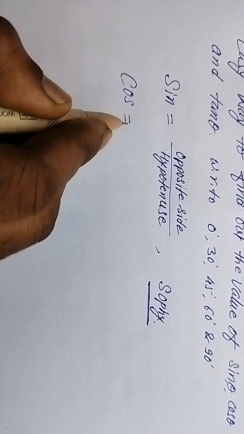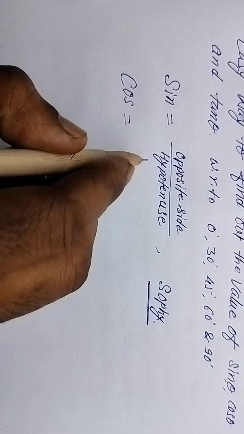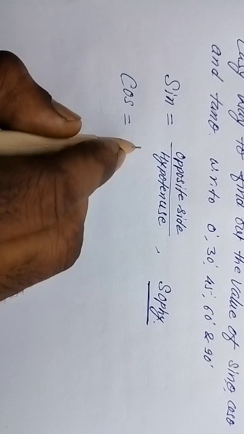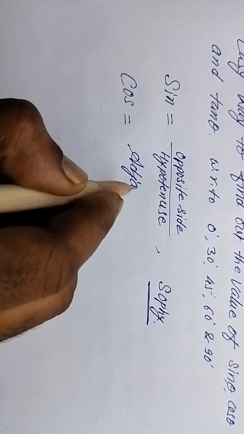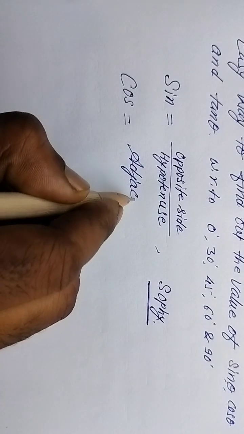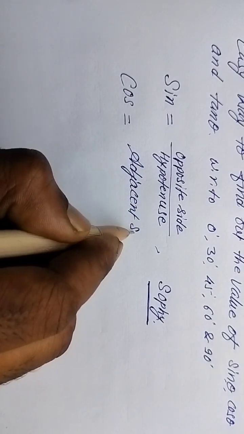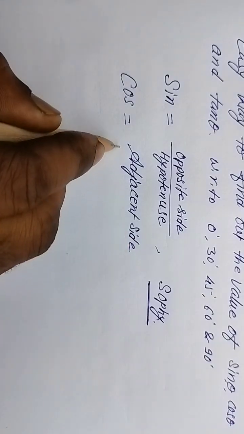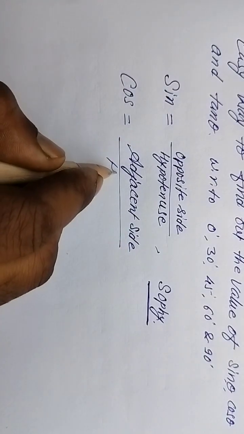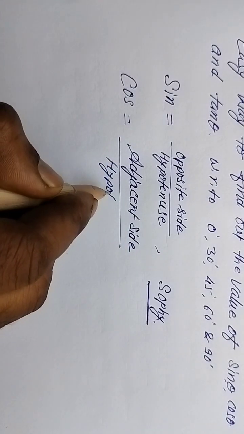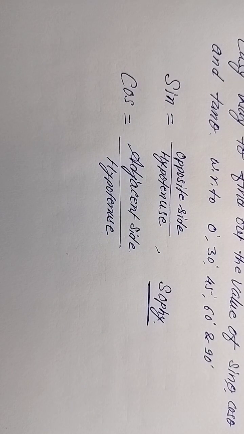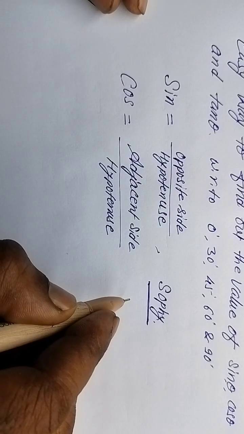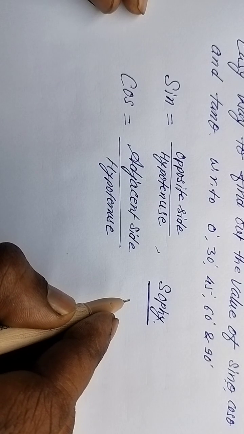Okay. For cos is equal to adjacent side upon hypotenuse. For this I make a word, CAD hypo.